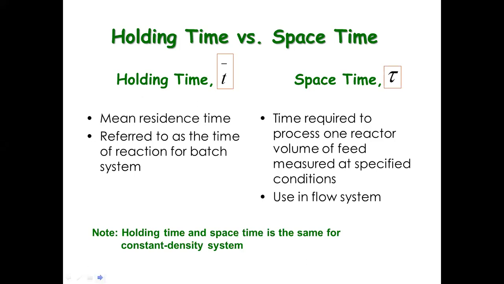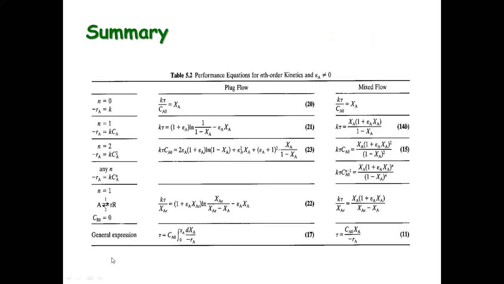Now, Levenspiel gave us a summary of formula for the performance equations for nth order kinetics, meaning for any order of reaction as long as it's either 0, 1, 2, or nth order. Here you have a generic representation. For the plug flow and for the mixed flow, it's a summarized set of formula written in a table, and you can also see them in the soft copy of your Levenspiel, the third edition.